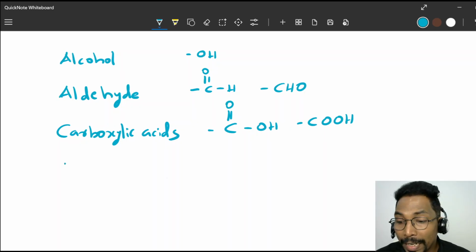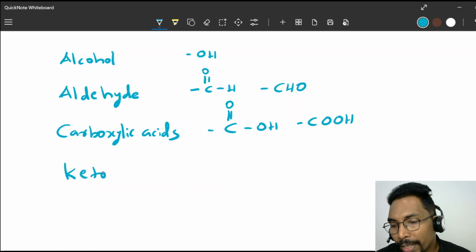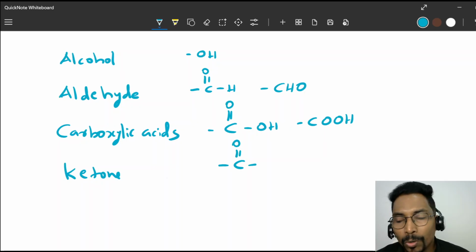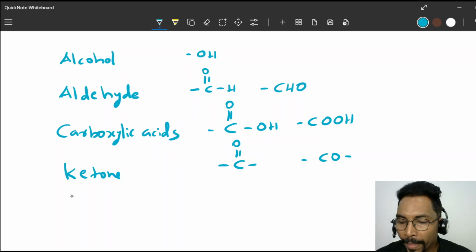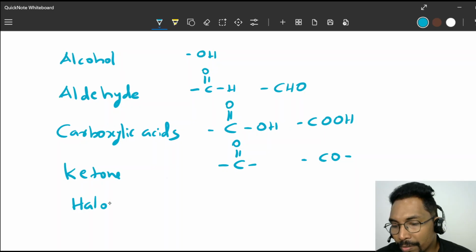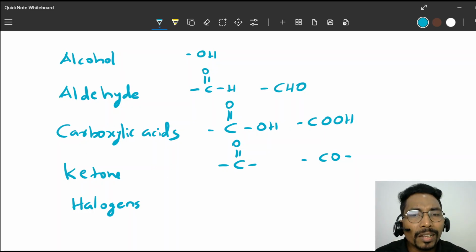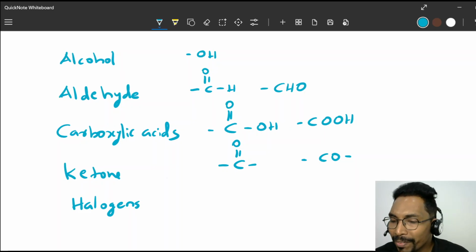Then ketone. Ketone is just C double bond O. You can just represent it as CO. Then halogens. Halogens are the elements present in the 17th group of the periodic table. They will come as substituents in hydrocarbons.